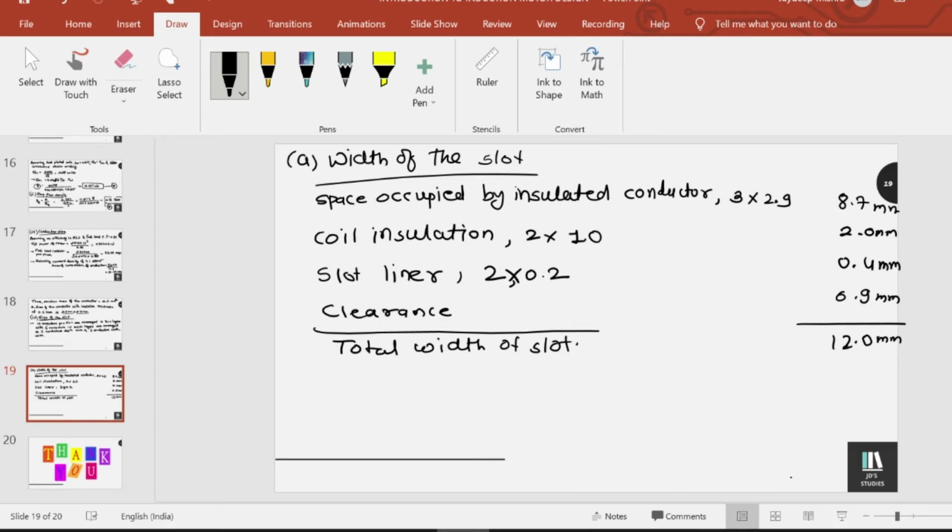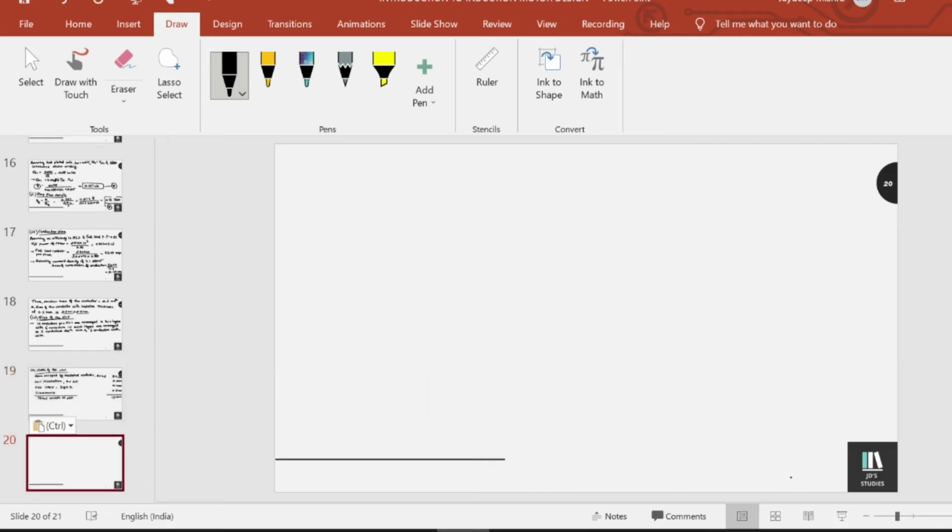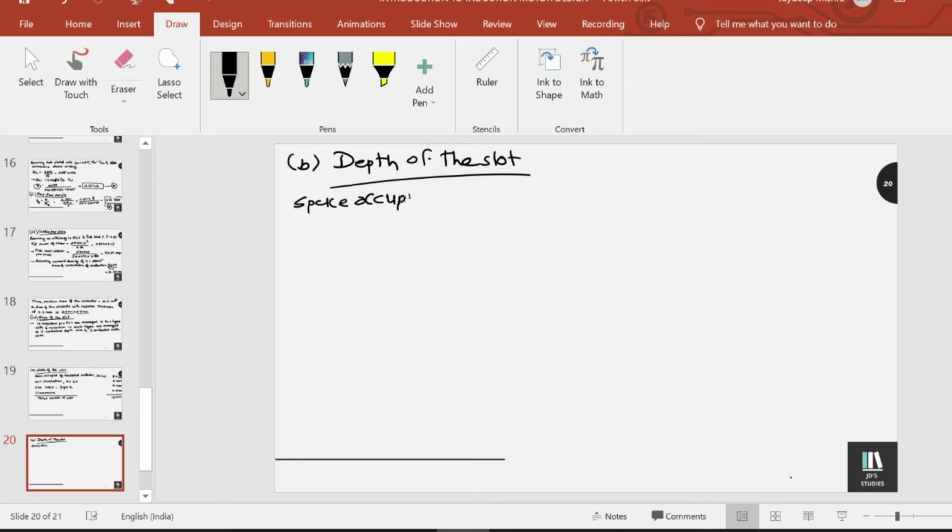Second, we have to find the depth of this slot. The space occupied by insulated conductor is 4 multiplied by 5.9 mm, so 23.6 mm.